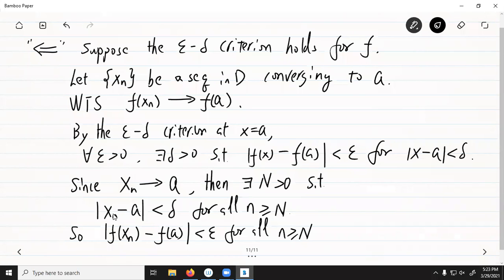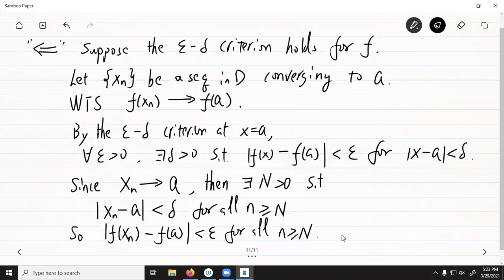So xn lies in this interval, and it must satisfy this inequality. This is true for n greater than capital N.